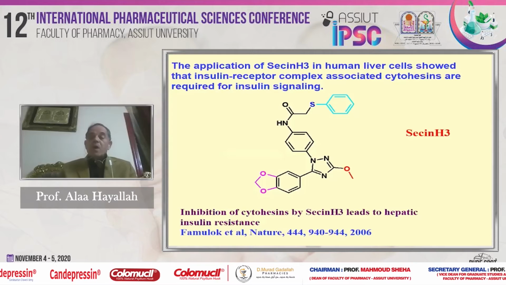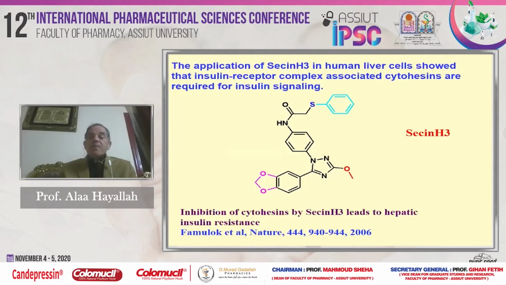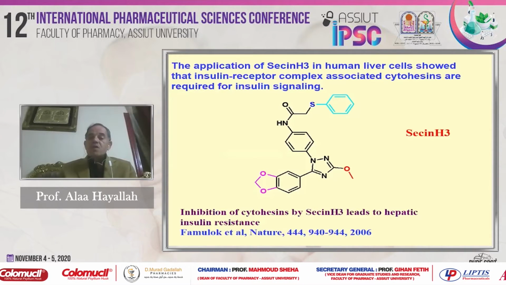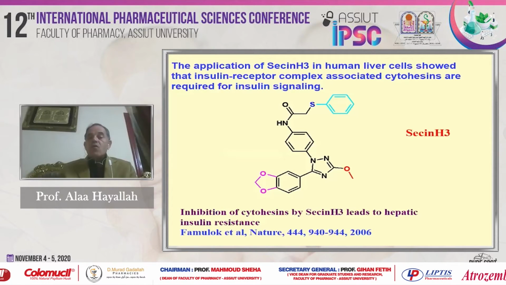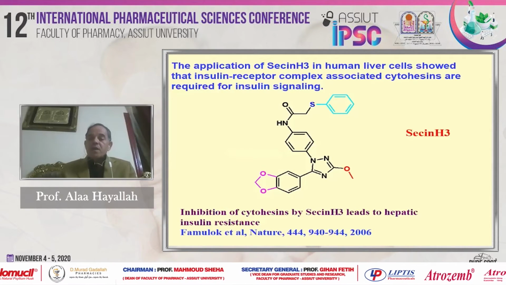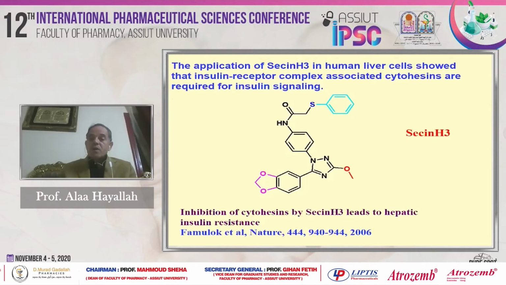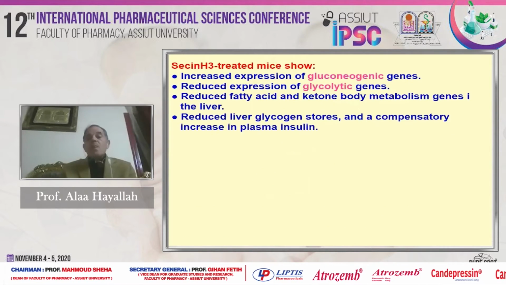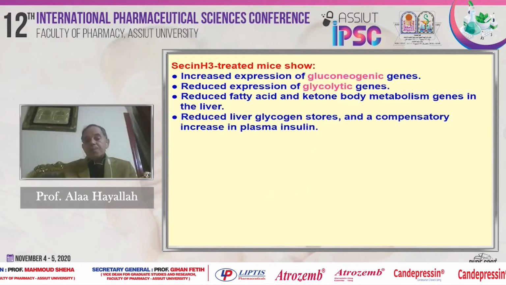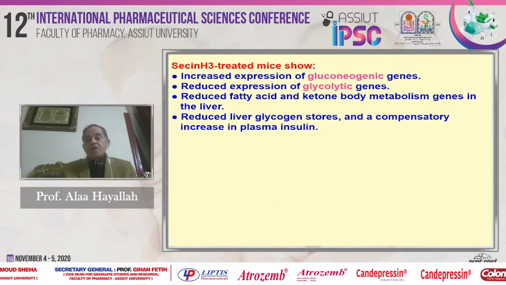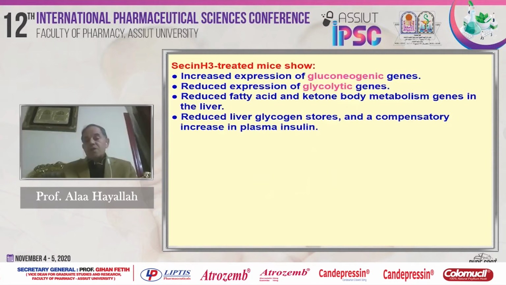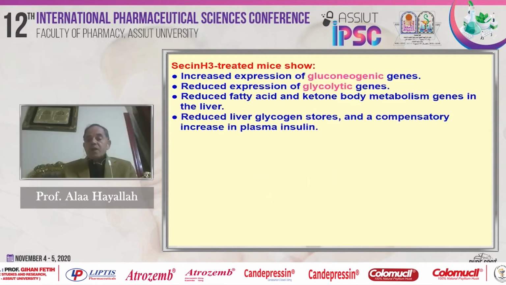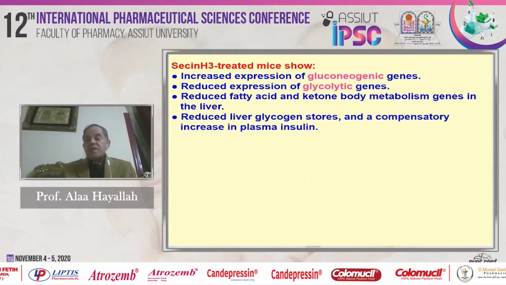This is the small triazole derivative SecinH3. Its application in human liver cells showed that the insulin receptor complex associated with cytohesins is required for insulin signaling, and this is the attractive starting point for the journey with SecinH3 derivatives in research. SecinH3 treated mice show increased expression of gluconeogenic genes, reduced expression of glycolytic genes, reduced fatty acid and ketone body metabolism genes in the liver, reduced liver glycogen store, and a compensatory increase in plasma insulin.